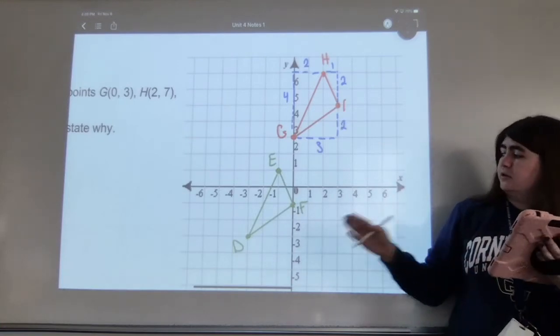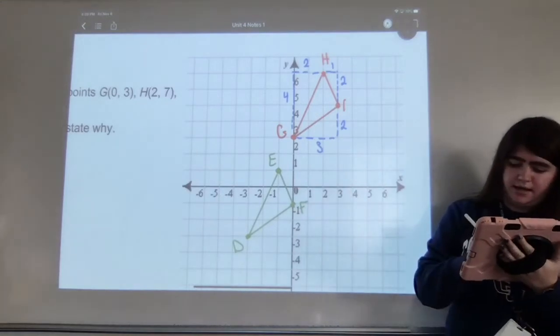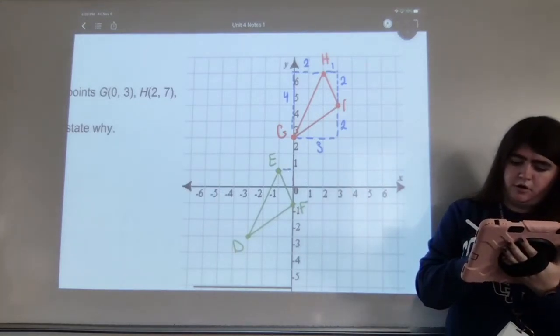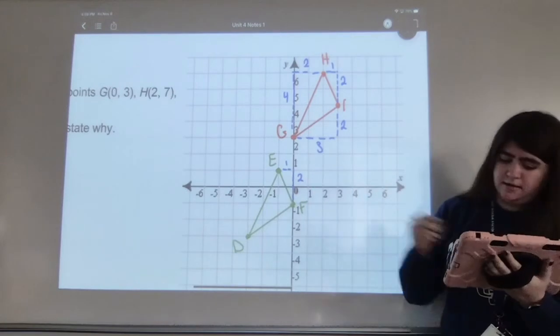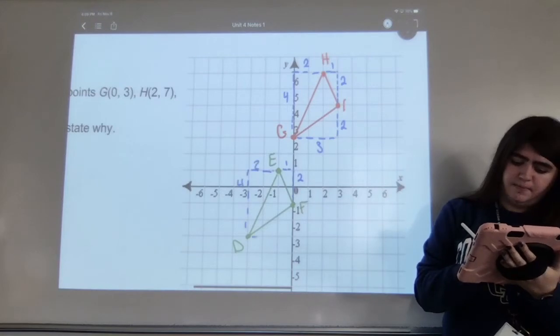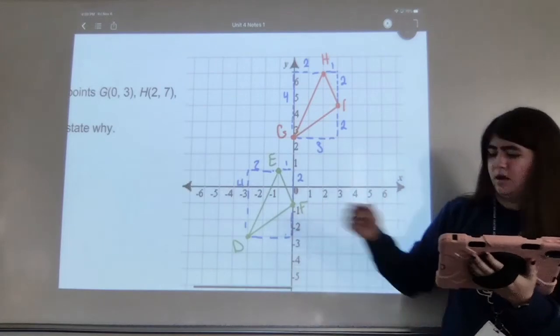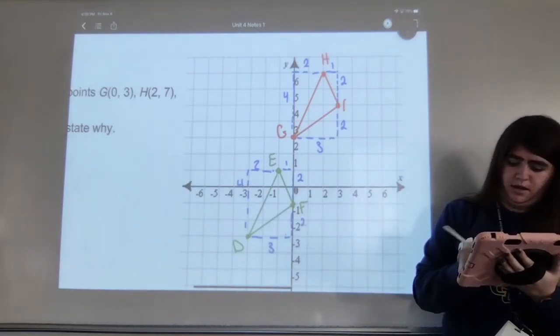And now I'm going to do the same thing with our green triangle. So I'm going to go from F to E, and I again go up 2, over 1, and then E to D. I'm traveling 4 vertically and 2 horizontally, and then I'm going over 3 and up 2.